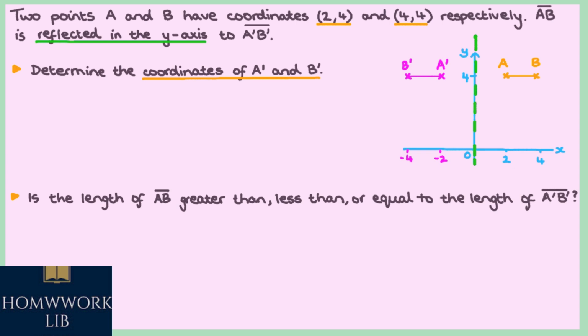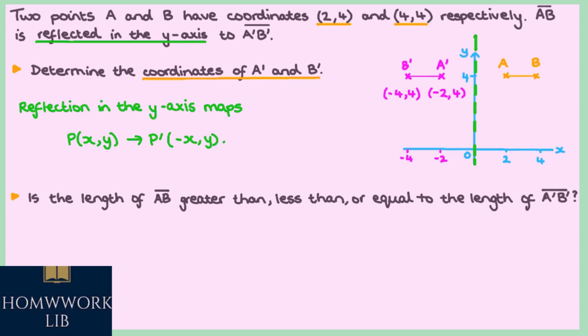The vertical height, and hence the y-coordinate of the point, is unchanged, but the x-coordinate changes from either positive to negative or negative to positive. We can therefore identify that the coordinates of A' and B' will be (-2, 4) and (-4, 4) respectively.